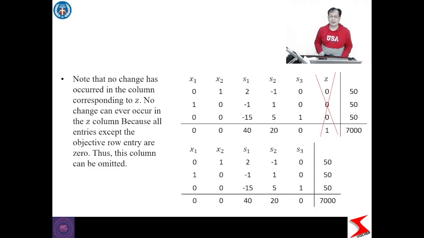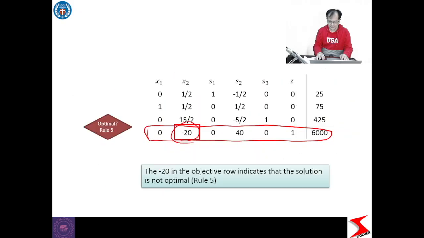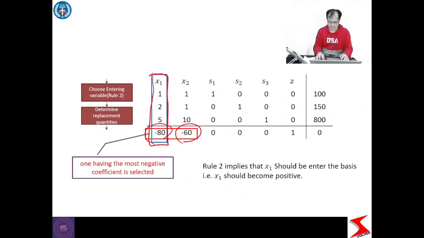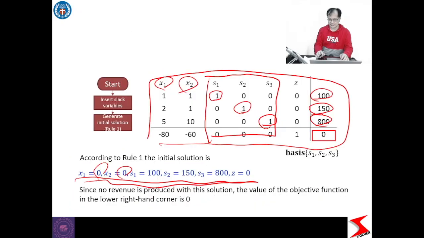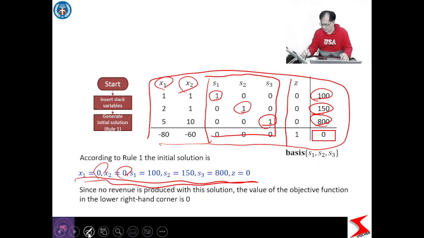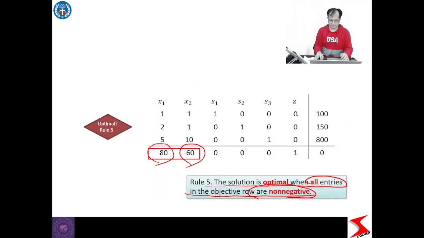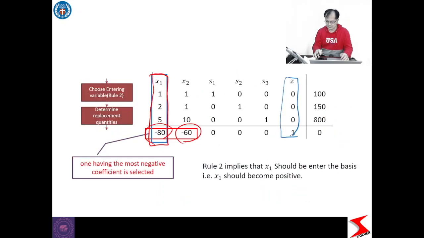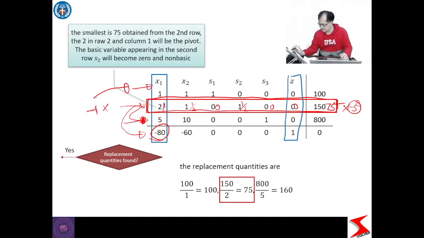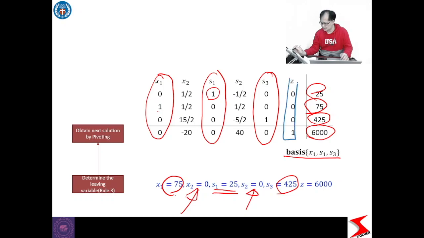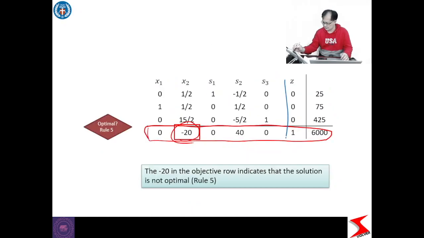For the table, you will observe in the Z column, from the very beginning, all the Z column entries are 0, 0, 0, 1.